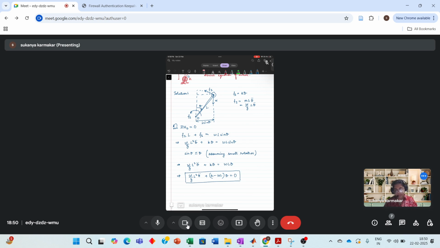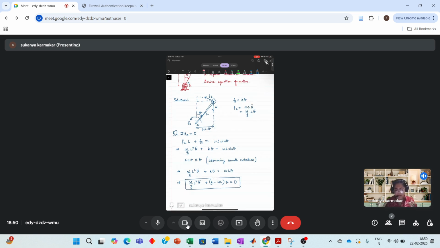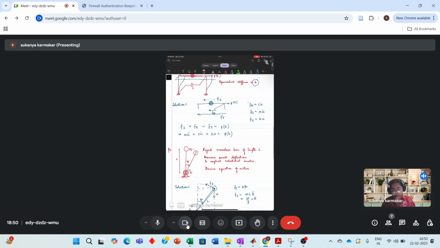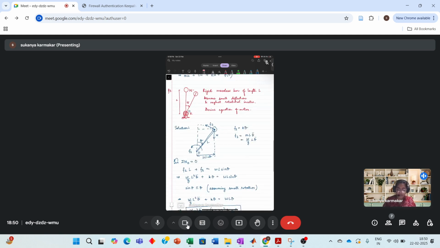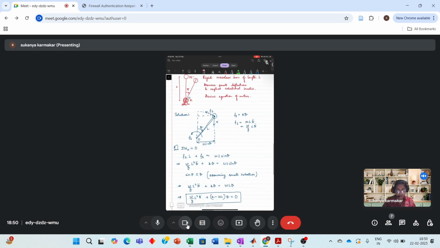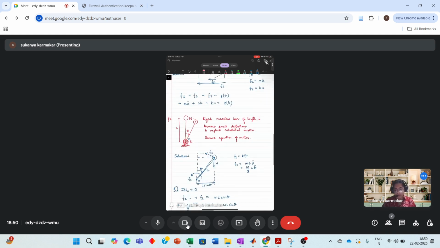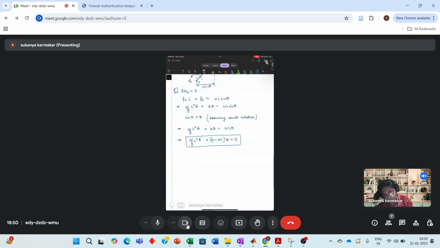Just a slight divergence from what we were discussing. When we were writing the equations earlier, what was the form of the equation? We had an equation of the form m u double dot plus c u dot plus k u is equal to p(t).